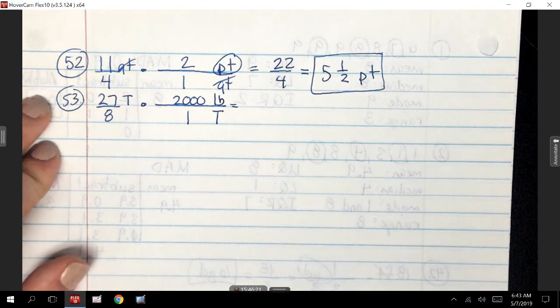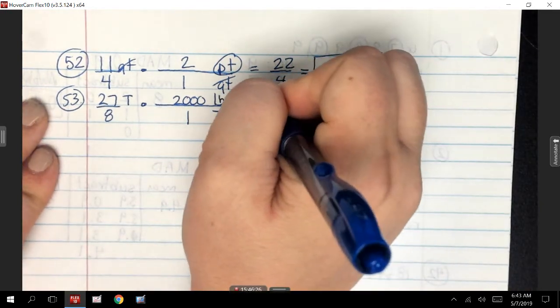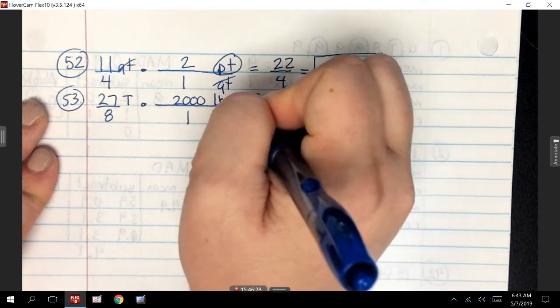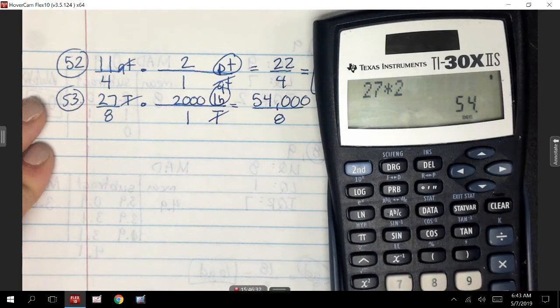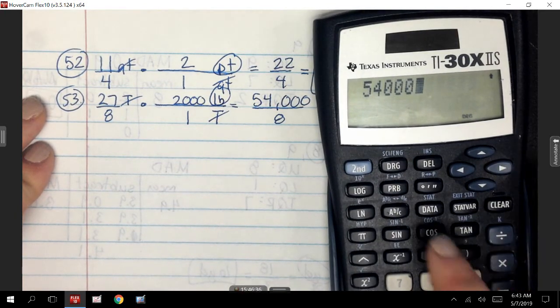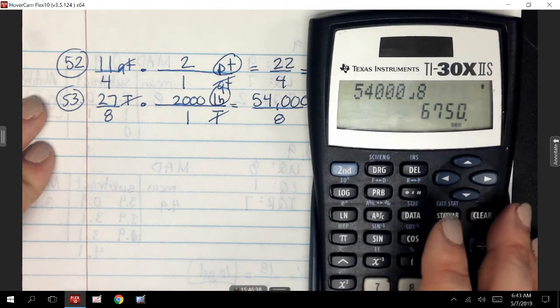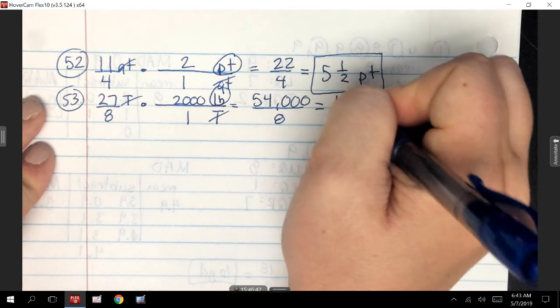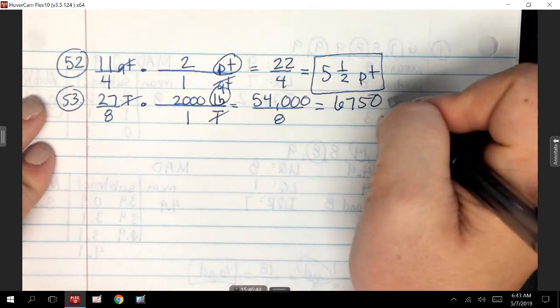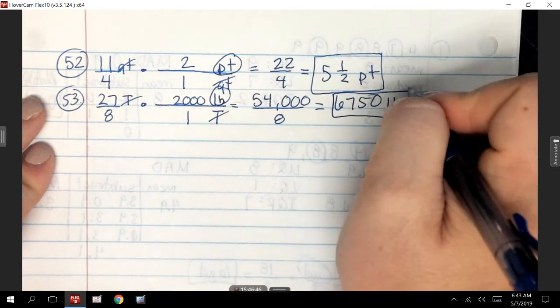All right, so I'm going to do 27 times 2,000, which gives me 54,000 over 8. I can just type that in, 54,000, fraction button 8. It'll simplify it all the way down to 6,750, and that was in LB, my pounds.